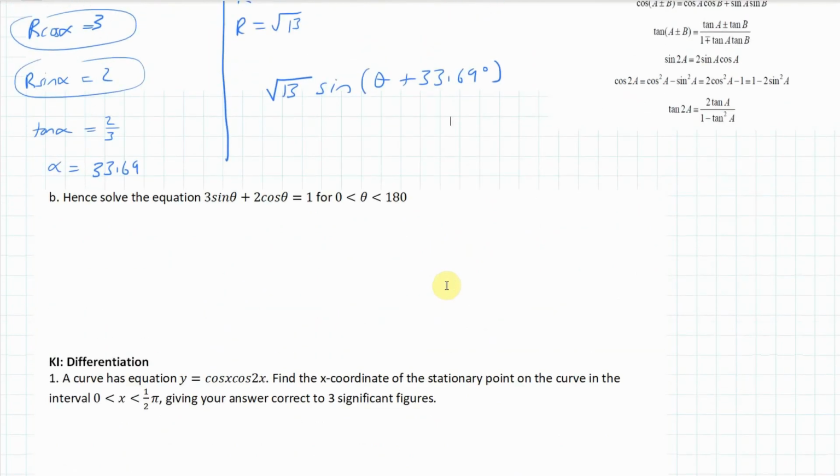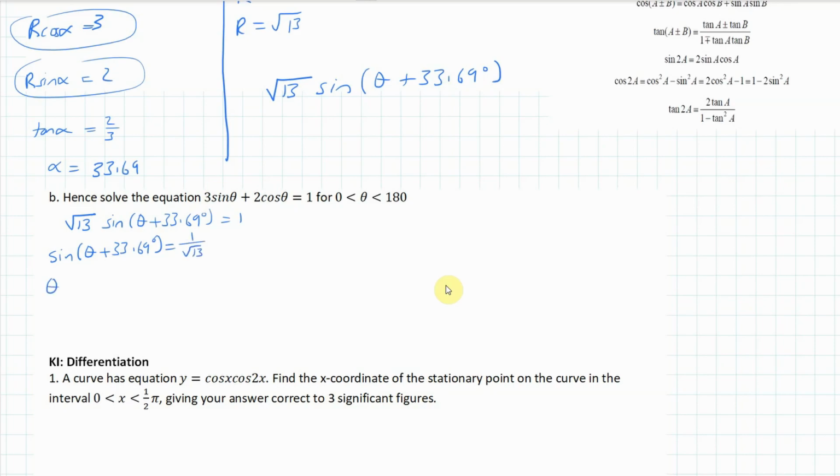Now we're going to use this to solve the equation. So what we'll do is we'll write the form that we've moved everything into, like this, and we'll set that as equal to 1, and we rearrange it so that we have 1 over square root 13.